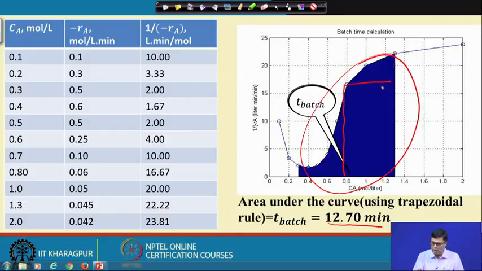You can consider this a triangle, this a rectangle, and this again a triangle, then a rectangle. Again this you can more or less consider as a triangle, then this a rectangle. So it gives an approximate value, because with the graphical method the exact value is very difficult to find out, but you can find out the approximate time required for the batch process.